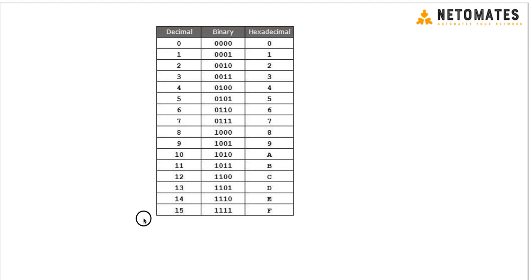Decimal, everybody knows, it's just numbers 0 to 9. And next, binary is something that the computer understands. Computer doesn't know decimal, photos or videos or anything. All it can store as memory is in the form of zeros or ones. And another system is hexadecimal.